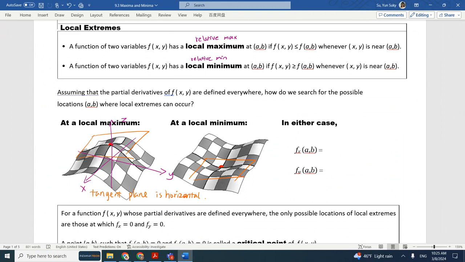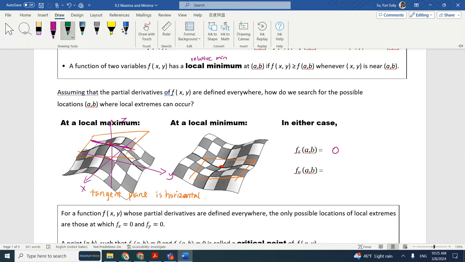Then the picture is like you cut it and you get this curve. Do you see at this curve the tangent line here is horizontal? Can you see the tangent line is horizontal? So it means your derivative with respect to x is 0.